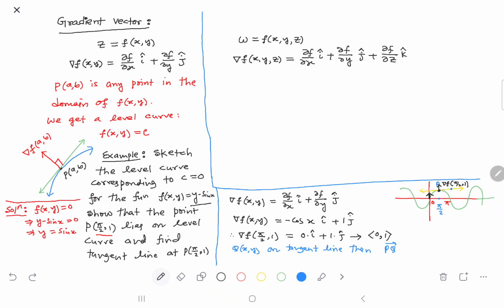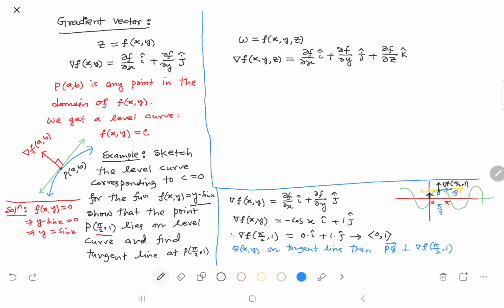This is the PQ vector, from here to here. So the PQ vector is perpendicular to the gradient vector at the point pi by 2 comma 1, right?